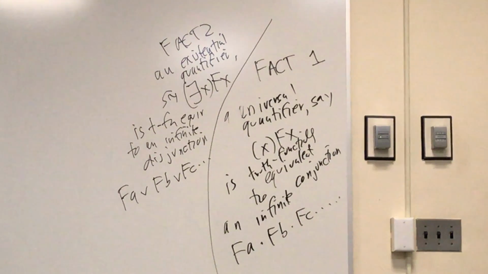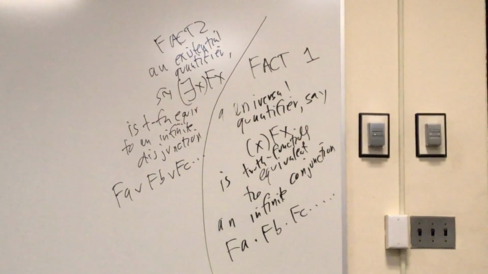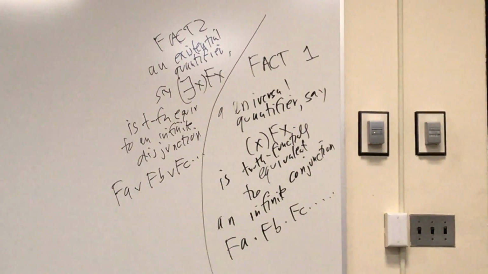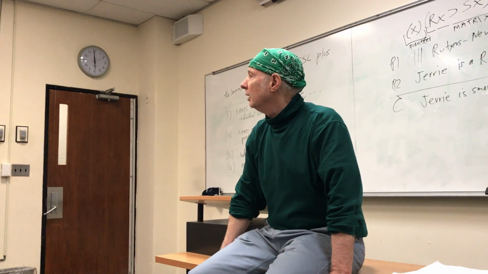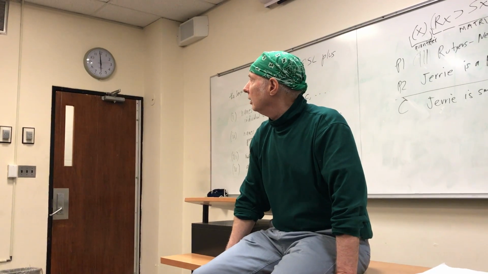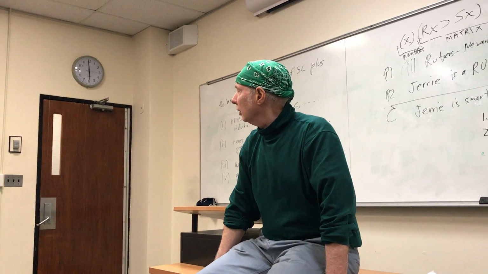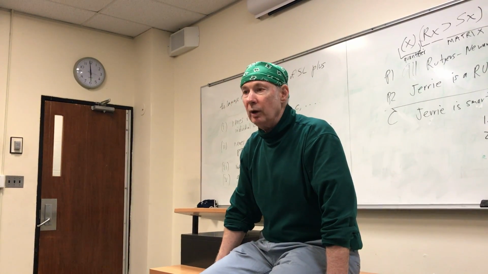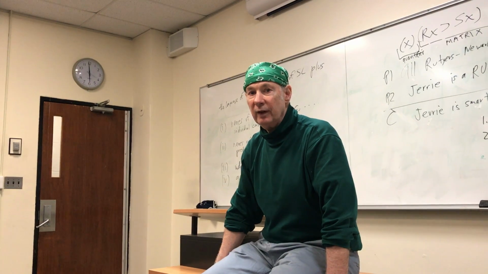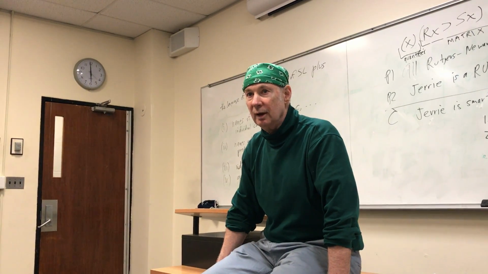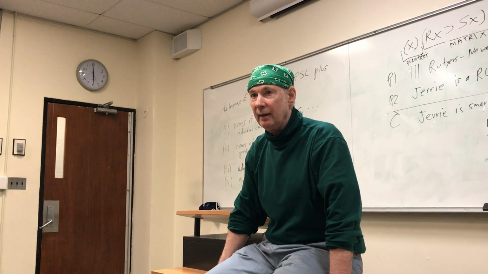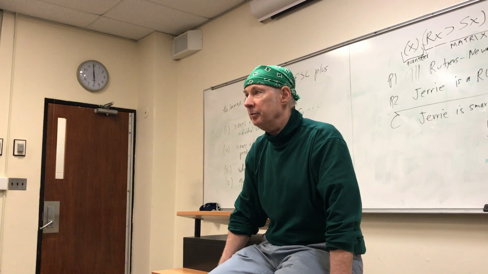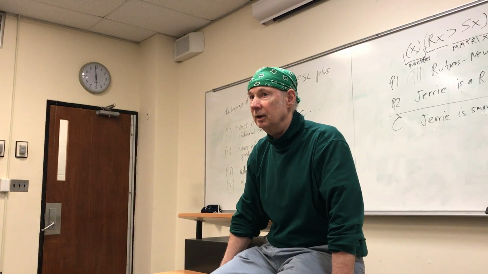And this is the essential difference between universal and existential quantifiers. So an existential quantifier is truth functionally equivalent to an infinite disjunction, Fa or Fb or Fc.